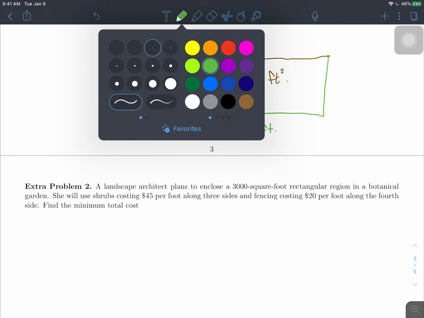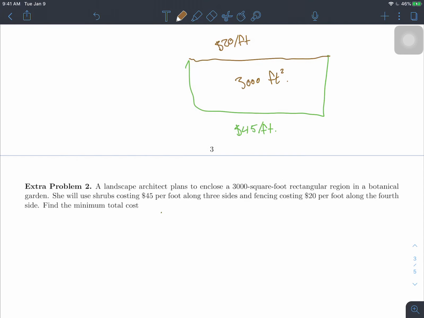So we're really interested in this function C, which represents our cost. And it's going to be $20 times the number of feet of fencing plus, why don't I go to green for the shrubbery? $45 times the number of feet of shrubbery.